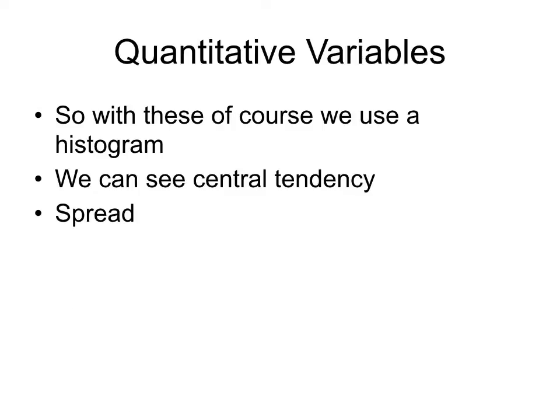We can see the spread of something, and the shape. So the central tendency, that's average, mean, median, mode, those things. We can see the spread, just how spread out something is. And we can see the shape of something, of a distribution, of a bunch of scores, of a batch of numbers.